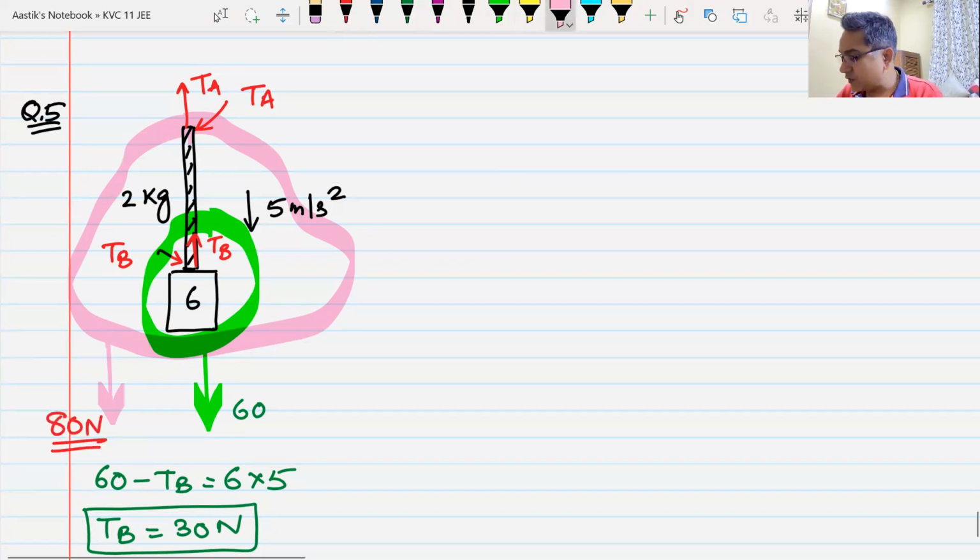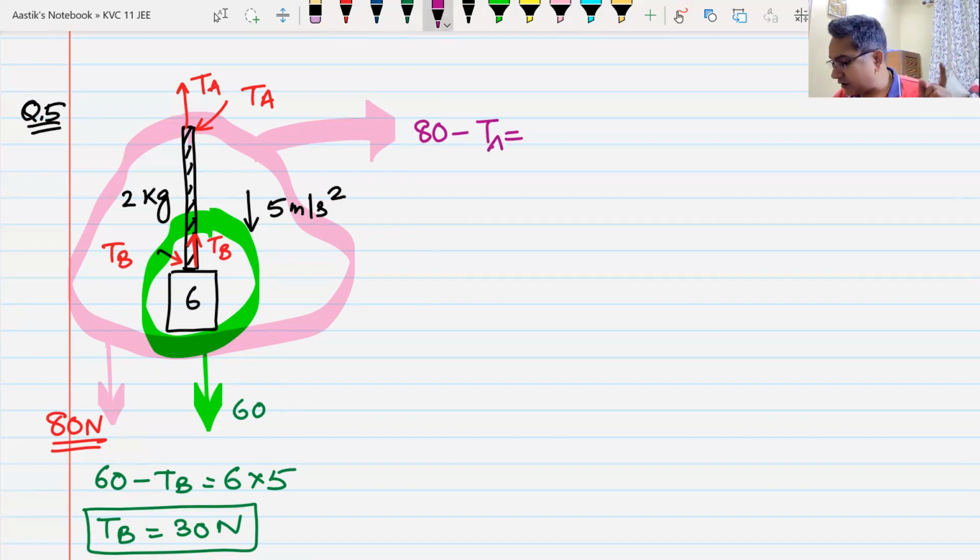The equation of this system: 80 minus TA is equal to 5 multiplied by 8. Tension at point A will be equal to 40 newtons. Do we understand this? Yes or no?